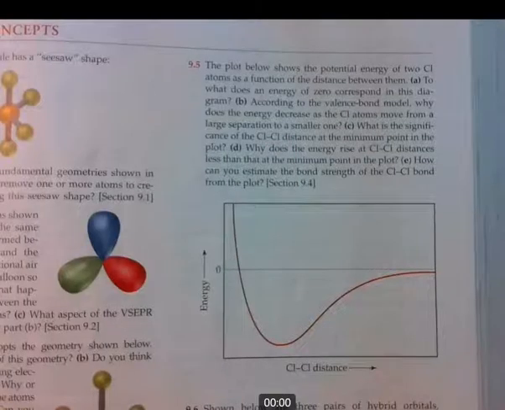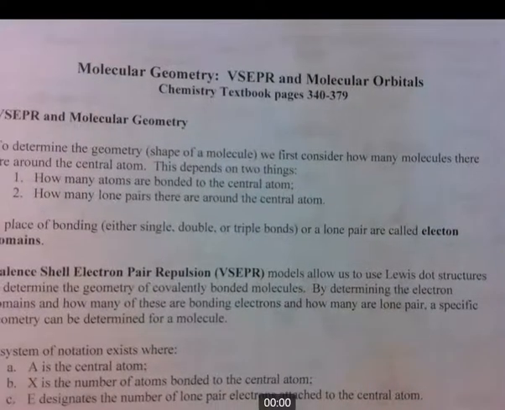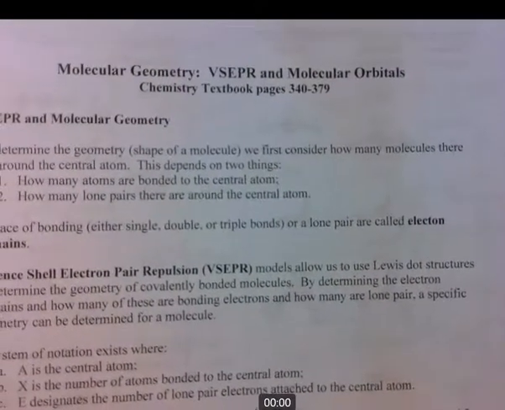Okay, 9.5. The plot below shows the potential energy of two chlorine atoms as a function of distance between them. A, to what does an energy of 0 correspond in this diagram? So what we need to do is go to the very last page of your VSEPR notes that you got last week. This is the new edition, the color copy that I gave you.